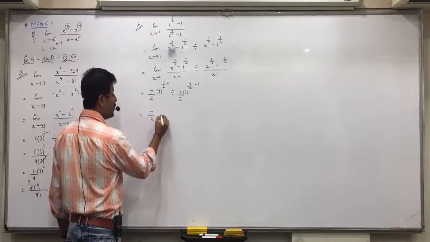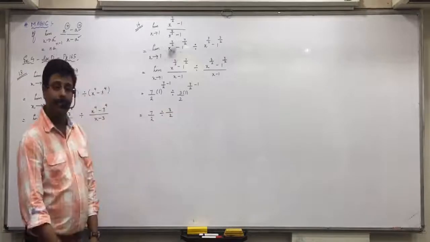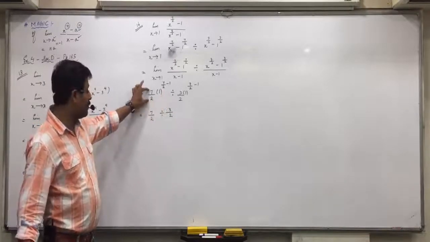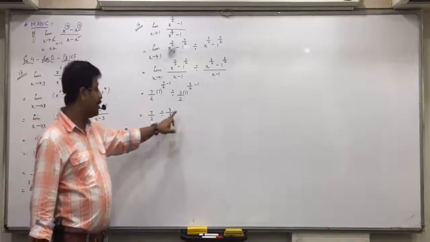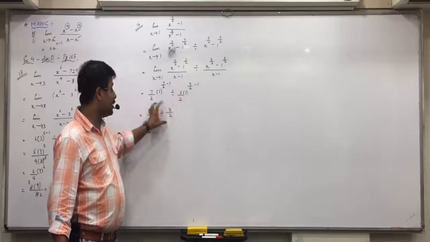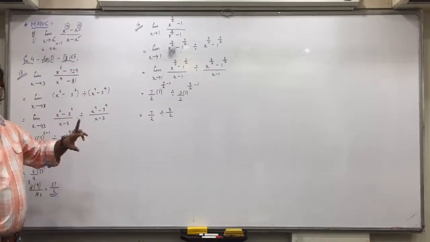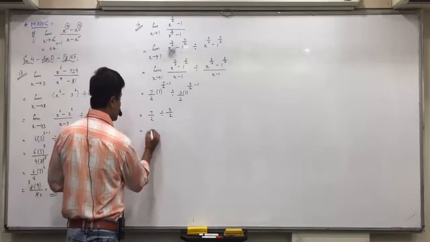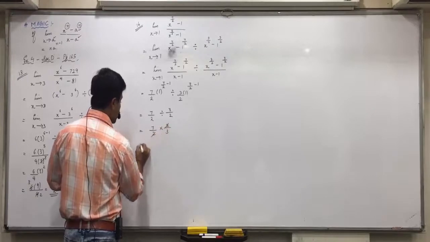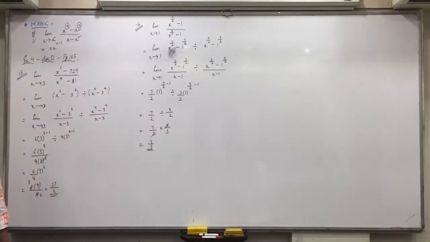This value will remain 7 by 2 and this value will remain 3 by 2. 1 multiplied by 7 by 2, 7 by 2. 1 multiplied by 3 by 2, 3 by 2. Did you understand this? Divide by means multiplied by reciprocal. So 7 by 3. Did you all understand this?